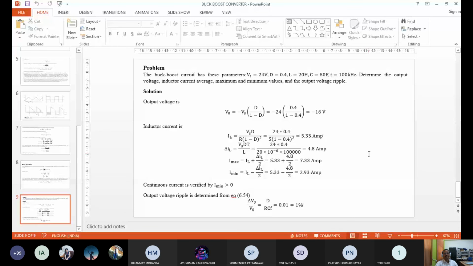The unique part of this converter is that you can step up or step down, but the voltage polarity is opposite to that of the source voltage. That is a demerit. Okay, then today.